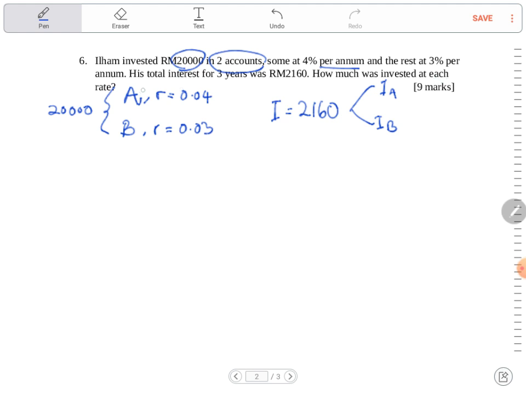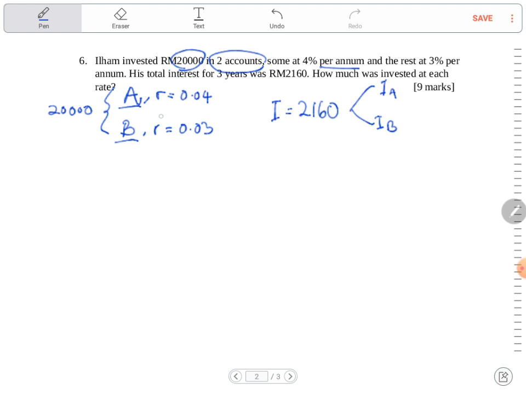So we want to know what is the principal for account A and principal for account B. We don't know. So we only know this is a simple interest rate. So we have to find out what is the principal for each account. Because for the 3 years, this amount will be invested and will have the interest of 2160.